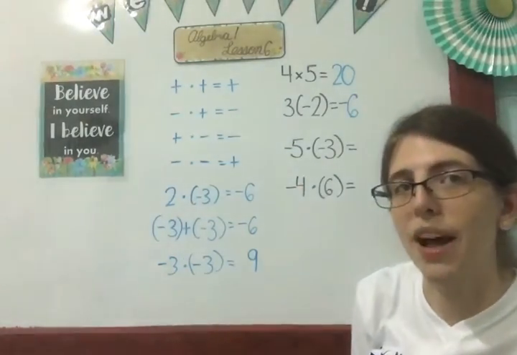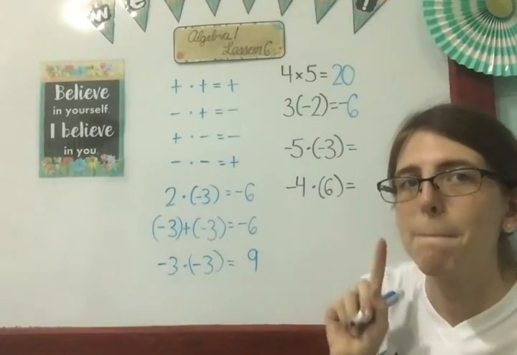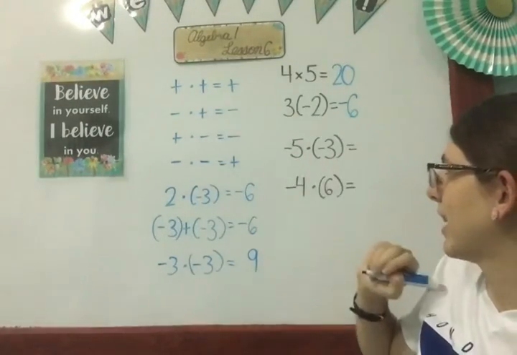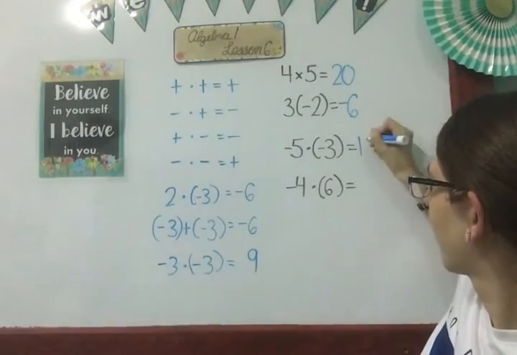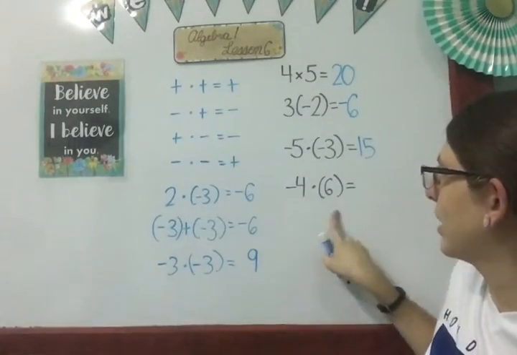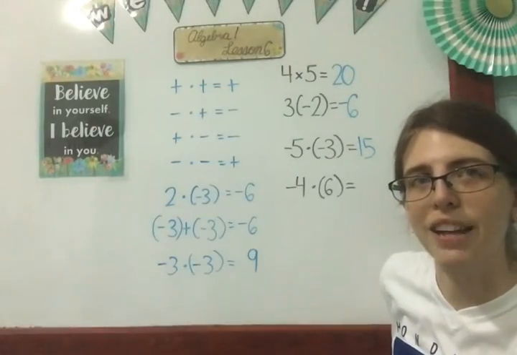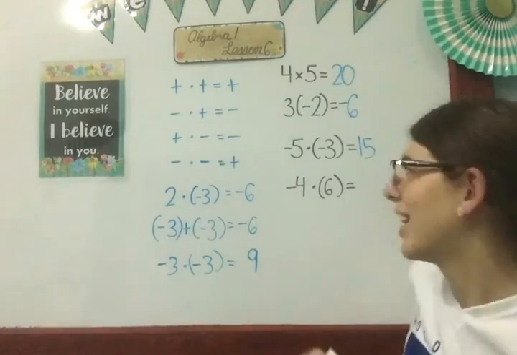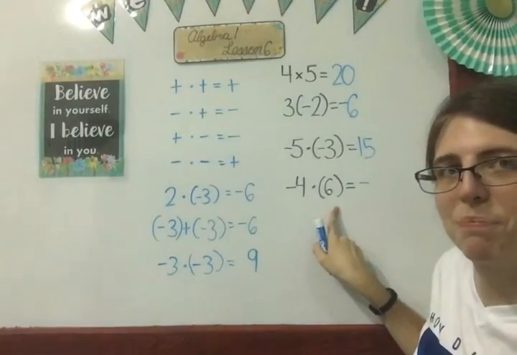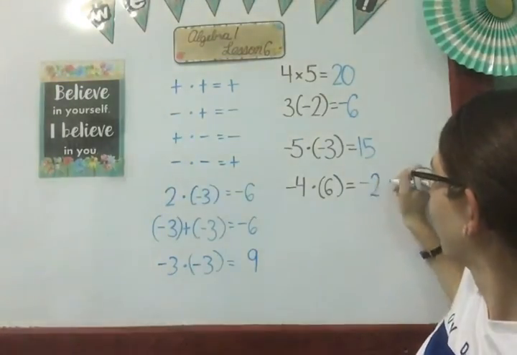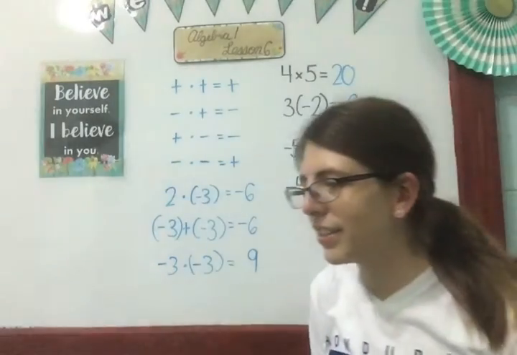Is my answer positive or negative? Positive, because I have the same sign. And 5 times 3 is 15. Okay, negative 4 times positive 6. Is my answer positive or negative? Negative, because I have 2 different signs. And 4 times 6 is 24.